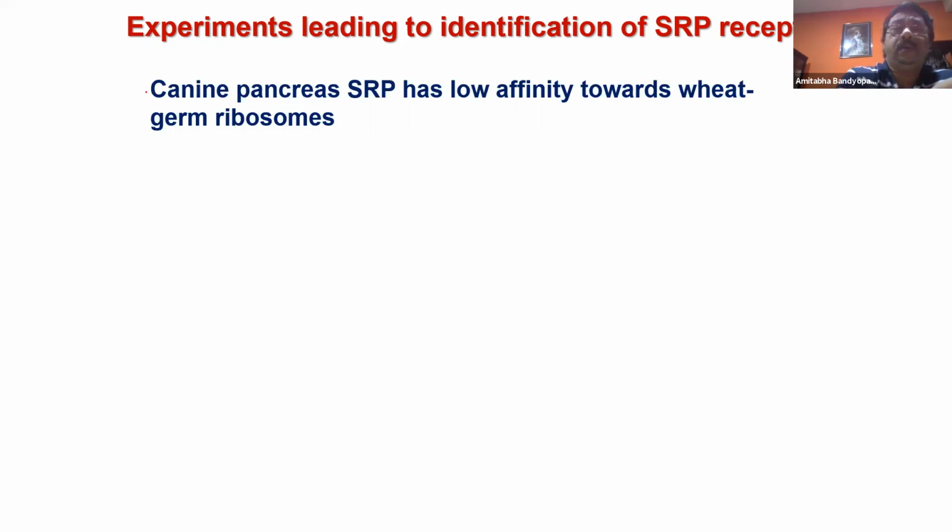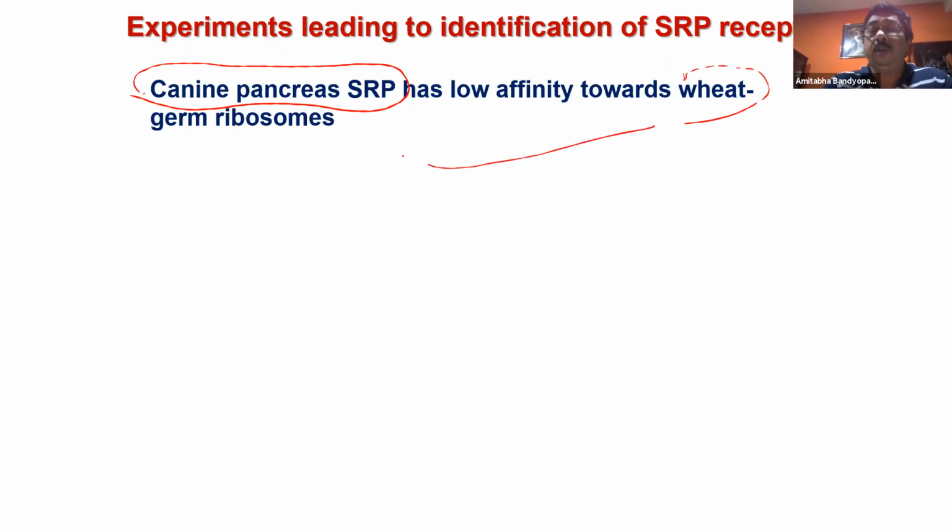They take canine pancreas SRP, meaning SRP purified from the dog pancreas, and they take ribosome from wheat germ. Don't ask me why this one works and not any of the other combos. Some of these strange things happen in biochemistry. Most often people do not chase the causes for this, but we know that this happens.